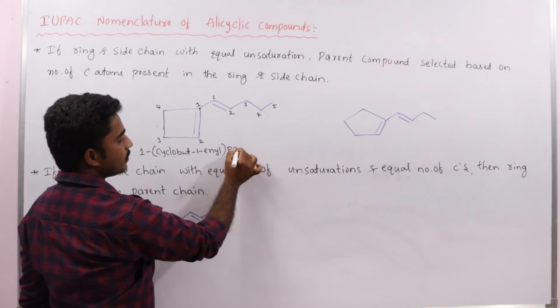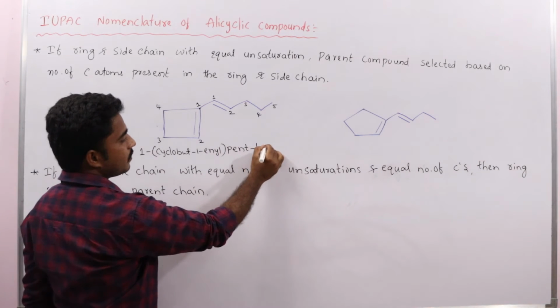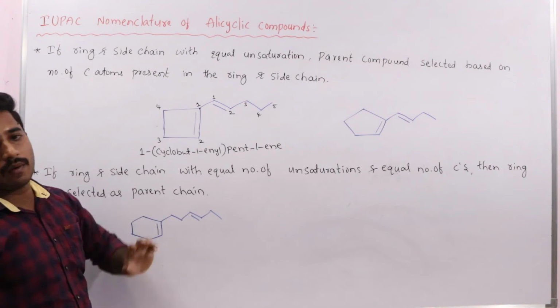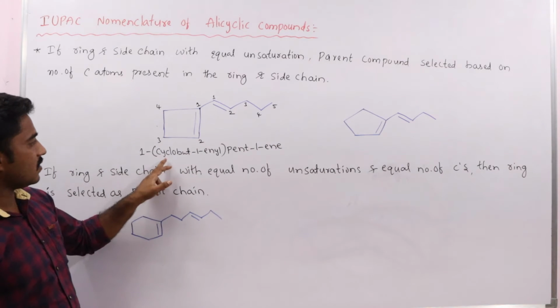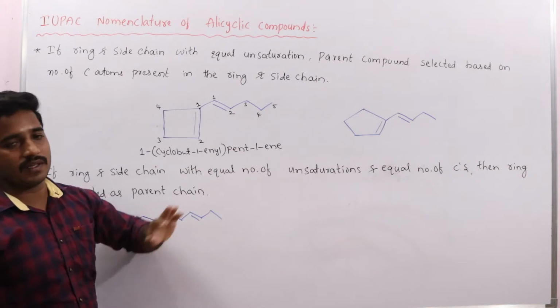That's why pent-1-ene, because at the first position a double bond is present. 1-cyclobut-1-enyl, pent-1-ene.